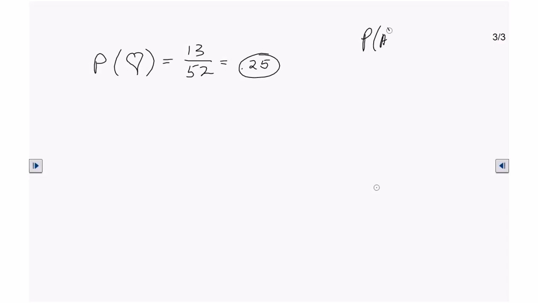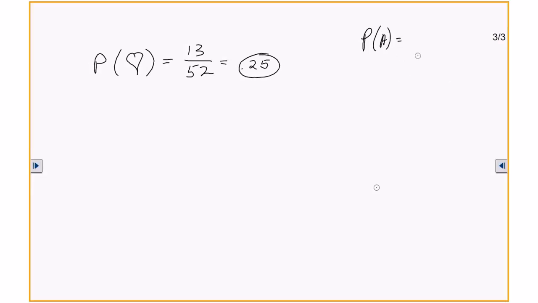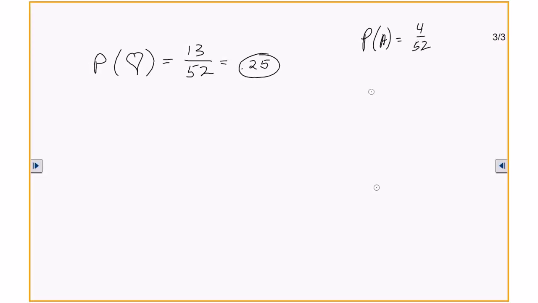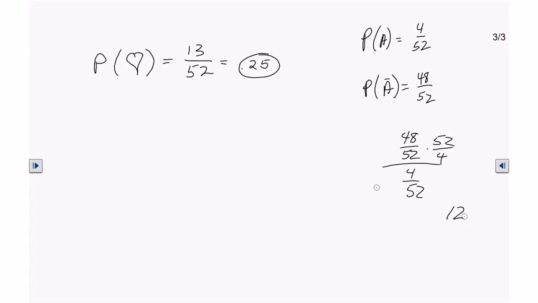The probability of an ace would be 4 out of 52. So therefore, the probability of not an ace would be 48 over 52. So that would be 48 over 52, the odds against, over 4 over 52, multiplied by 52 over 4, which would be 48 to 4, which would be 12 to 1.